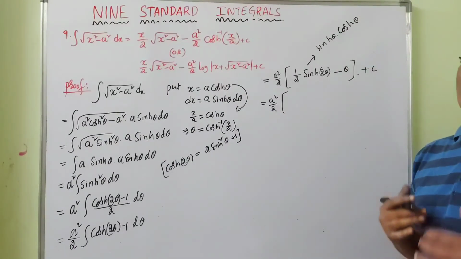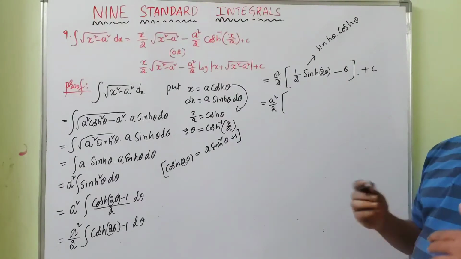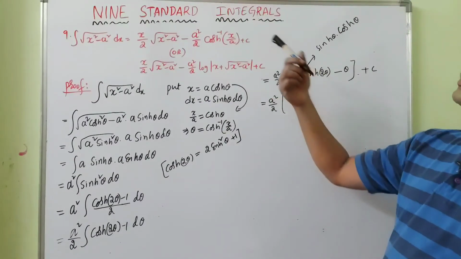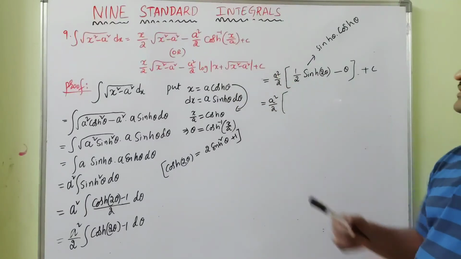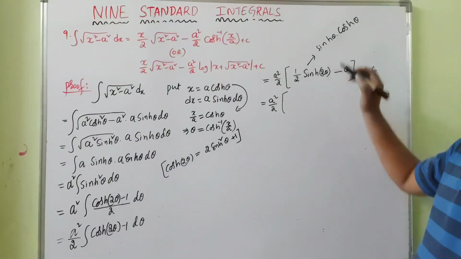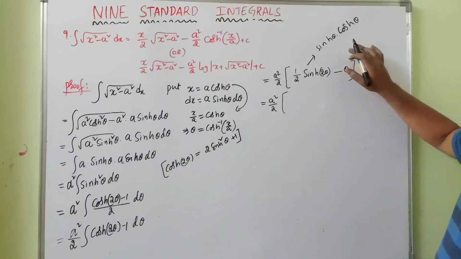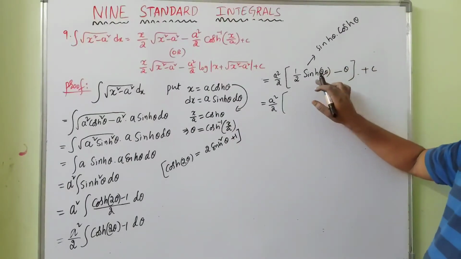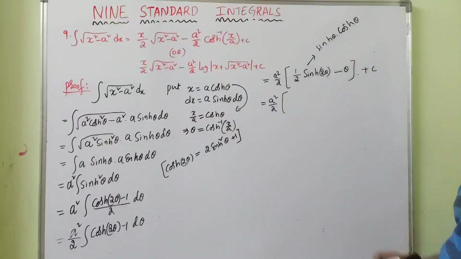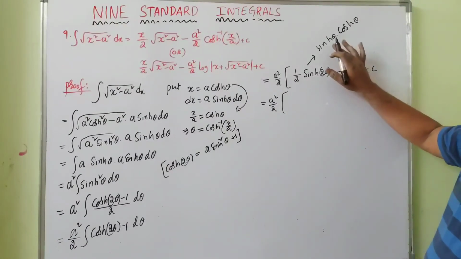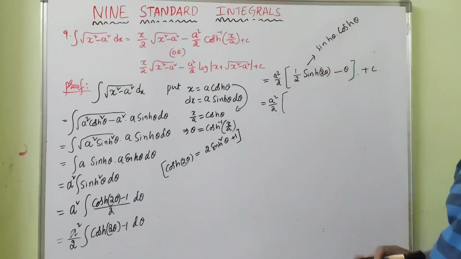What I am doing, I am converting. I got the answer in theta. I want to convert the answer into x to get this result. Sinh theta, from our substitution, here observe sinh theta into cosh theta.